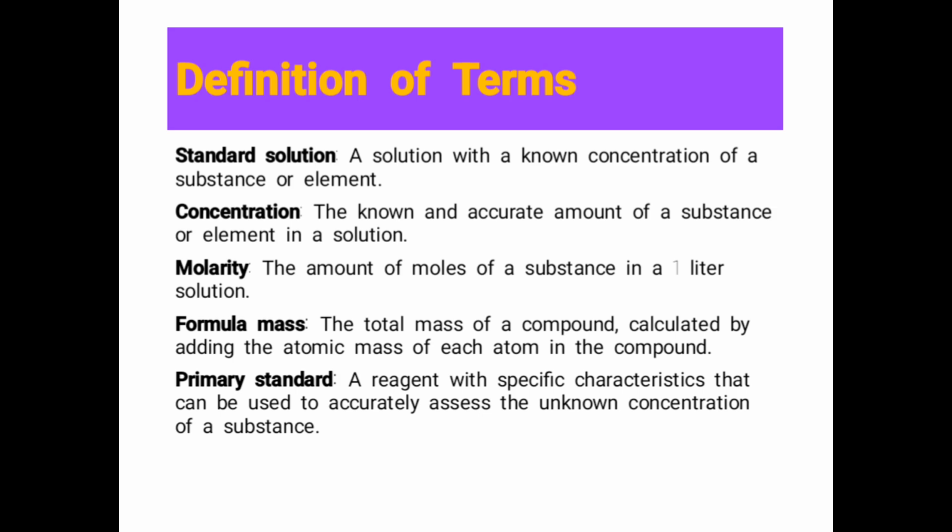For instance, when you have an acid solution, and they say the acid is concentrated, that means the amount of acid in that solution is high. That's what we say it has high concentration. The amount of a particular substance in a solution, that's the concentration.